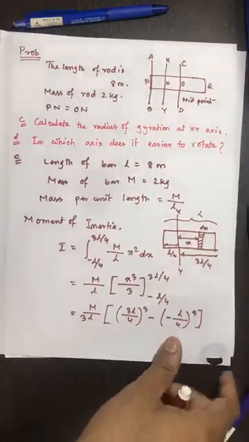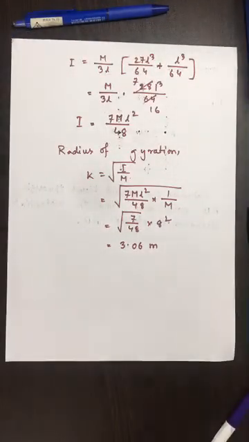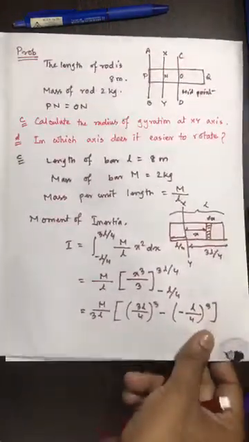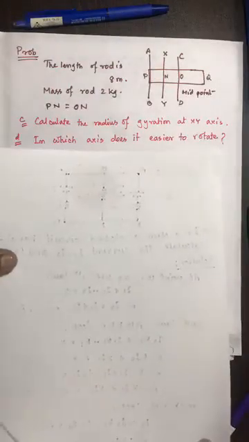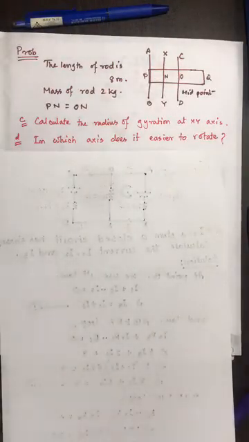Okay. Do you see that? Do you copy this one? Okay. So we need to go through this one in front, on the top of this. So we see which axis is easier to rotate.